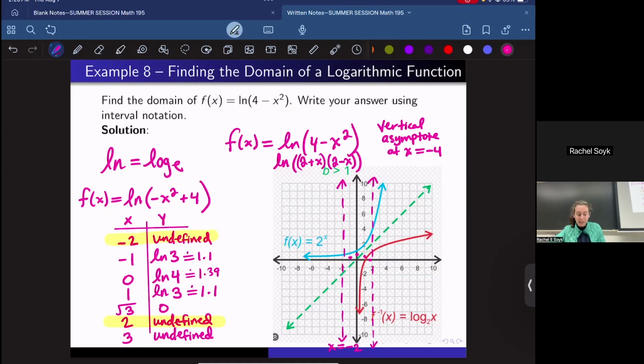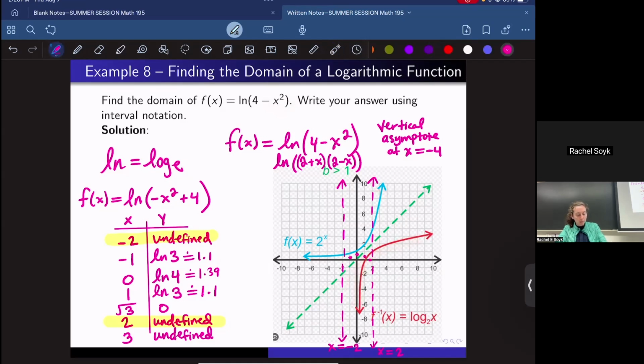Also, 4 minus x squared, even though it's a natural log function, we have that x squared, which really changes the shape of this a bit.